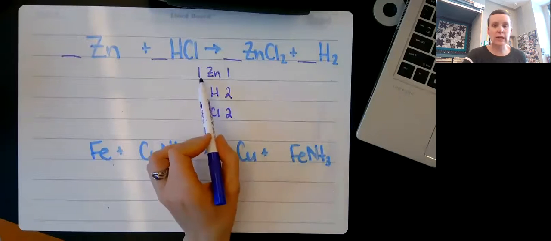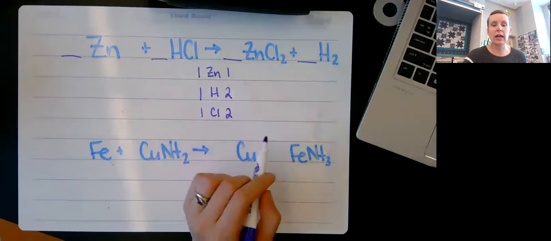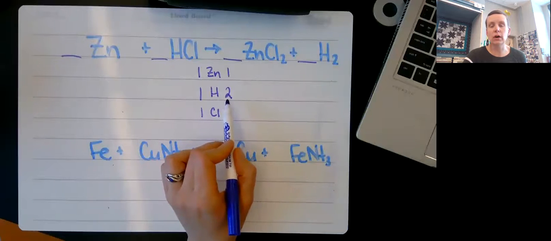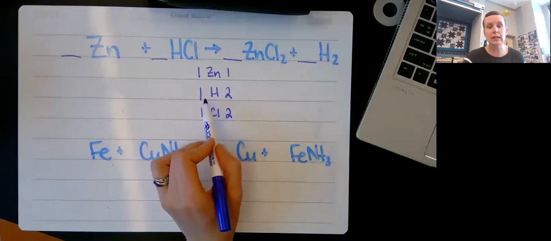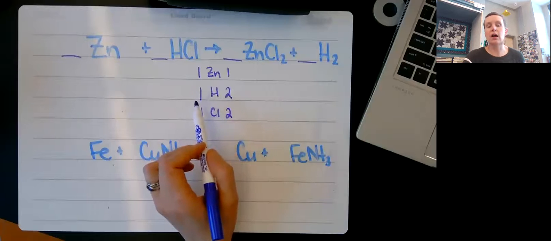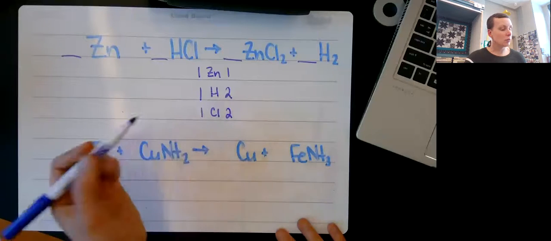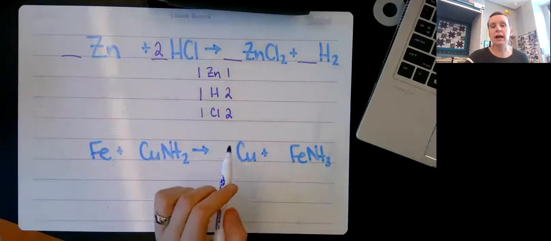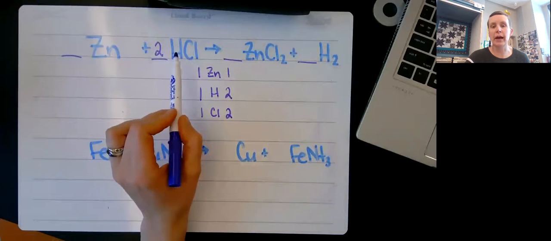Now, if I look at this, zinc is already balanced. I have 1 on each side. Hydrogen, though, I have 1 on the left side of the arrow, my reactant side, and I have 2 on the right side, which is my products side. So I need to double the hydrogens before the arrow, okay? So what I do is I put a 2 in front of the substance that has hydrogen in it because I want to double my hydrogen.